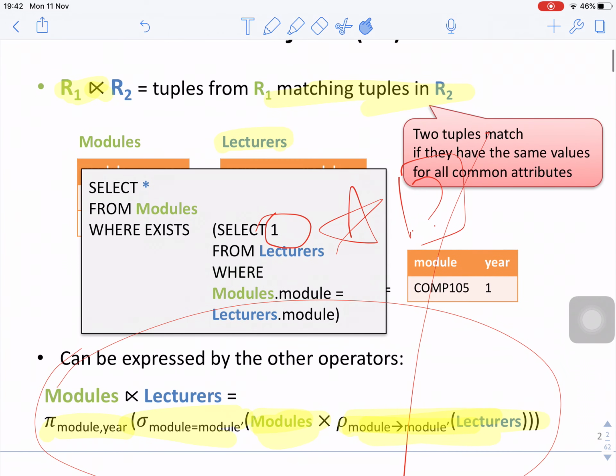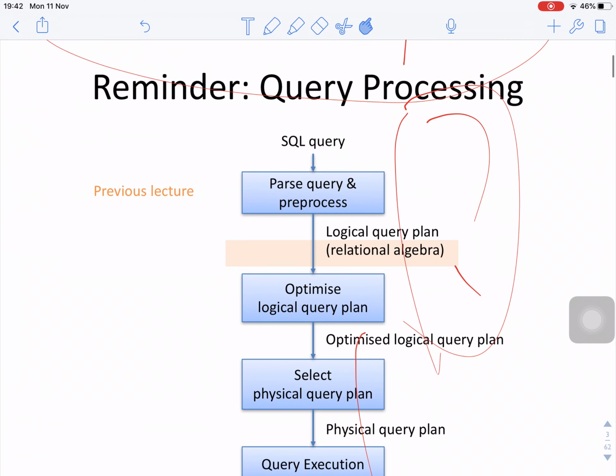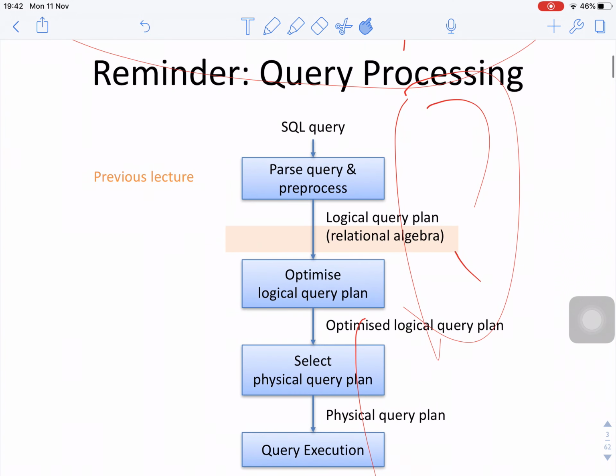So why can this one work? Because we are selecting the attributes within R1's module. We are selecting R1's attributes.